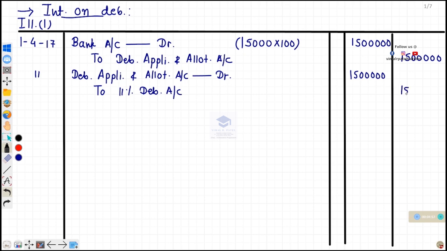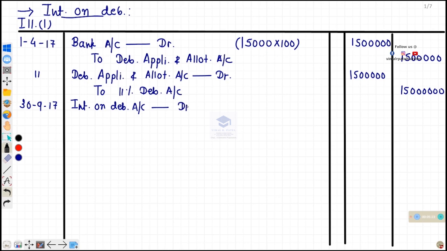Now, entry for interest. Interest is paid on 30th September and 31st March. So now on 30th September, half yearly interest, that is for 6 months, the entry will be interest on debentures. Since it is an expense, it will be debited in the books of the company.